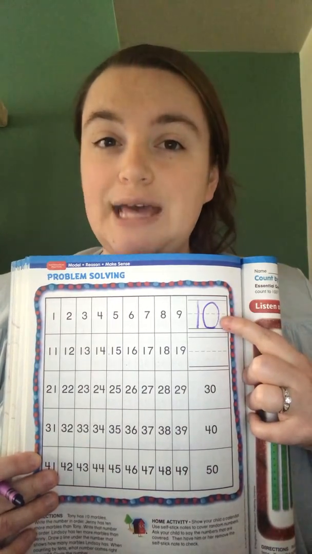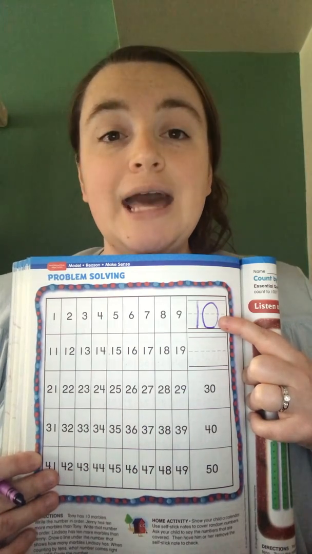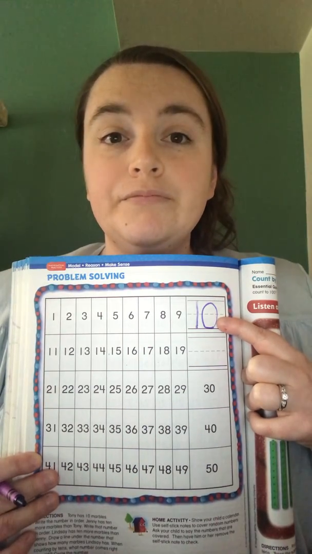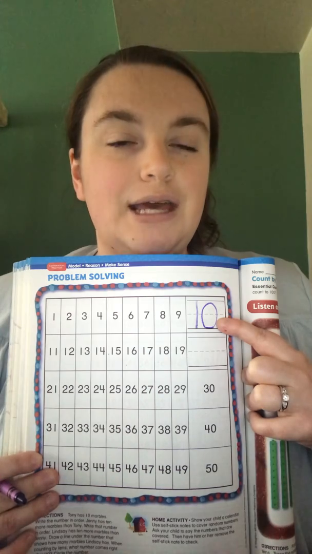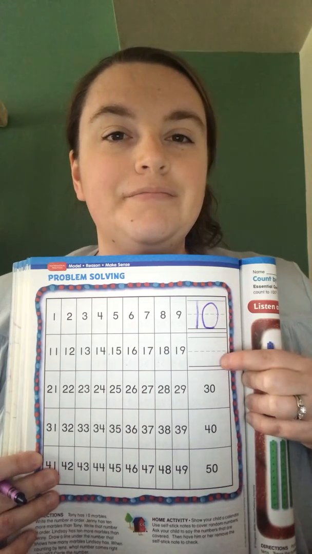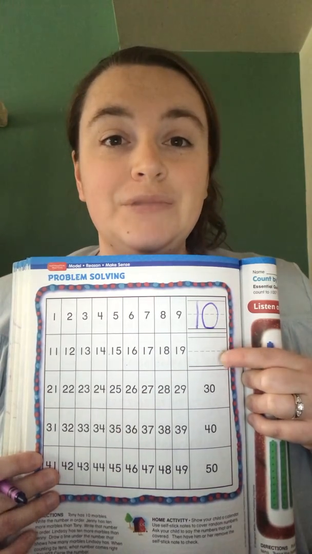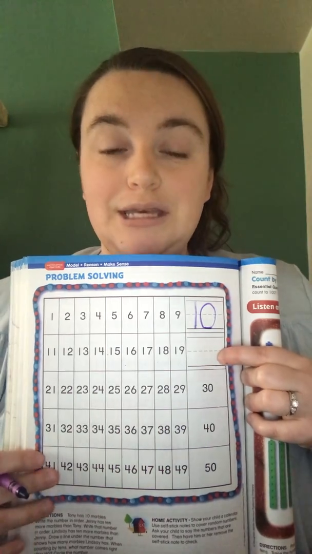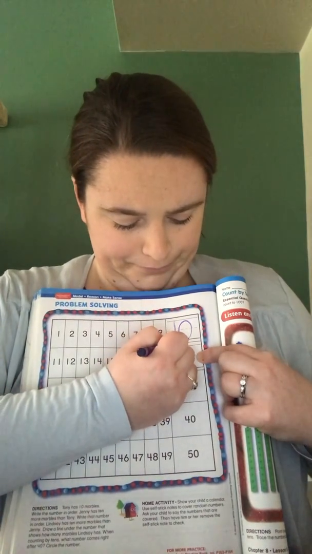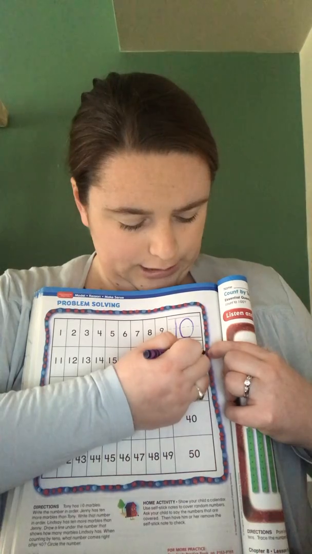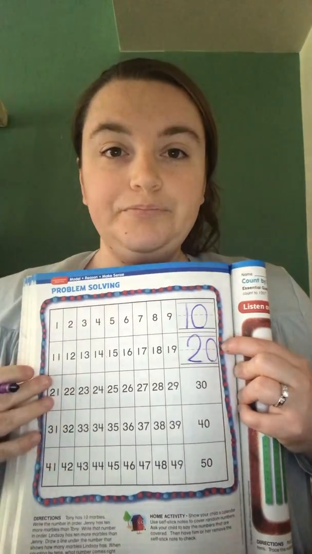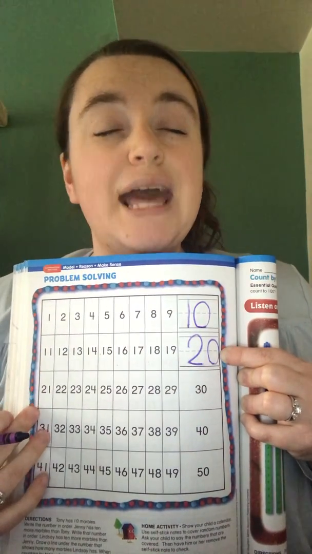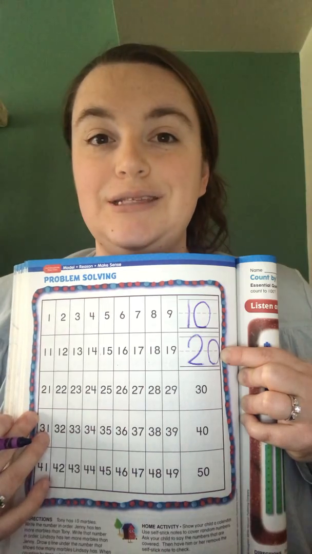So if Tony has 10, Jenny has 10 more. And what is 10 plus 10? 20. So let's put 20 right here on this line. Tony has 10 marbles, and Jenny has 10 more marbles than Tony does.